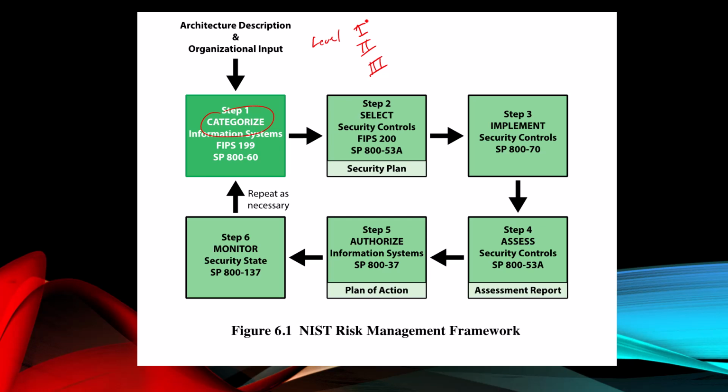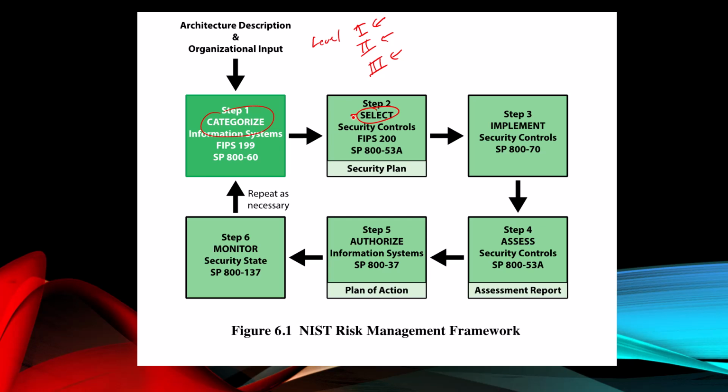It really just depends. After that, we select the appropriate controls. So for level 1, we might have controls A, B, C. For level 2, we might have A, B, D, E. So you're going to look at individual levels and you will select the appropriate controls.